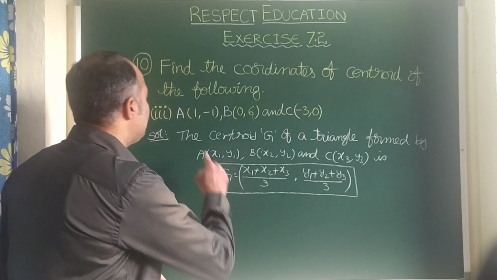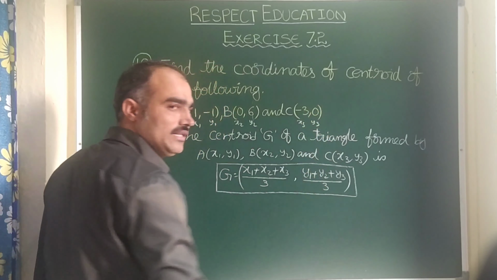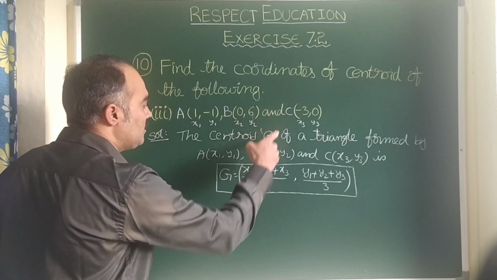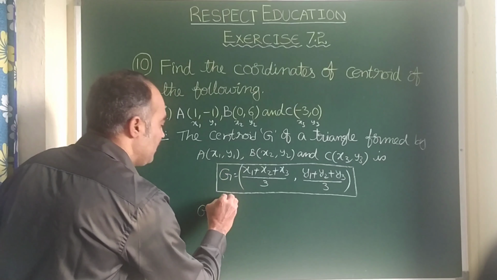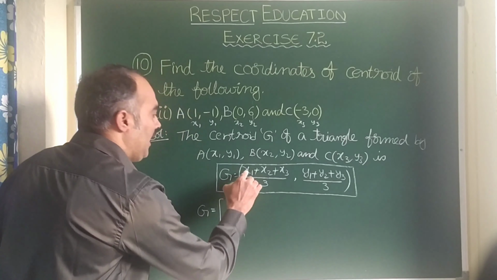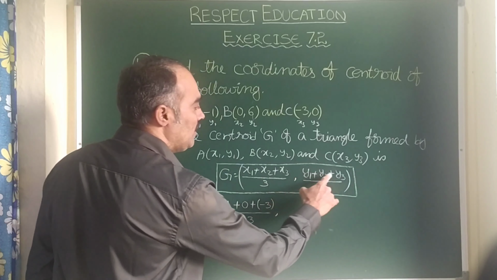Now let us label these points as x1, y1, x2, y2, this third one as x3, y3. Now here let us substitute these values here. So G is equal to x1 plus x2 plus x3. Here x1 is 1 plus x2 is 0 plus x3 is minus 3, right, by 3, comma, y1 plus y2 plus y3 by 3.